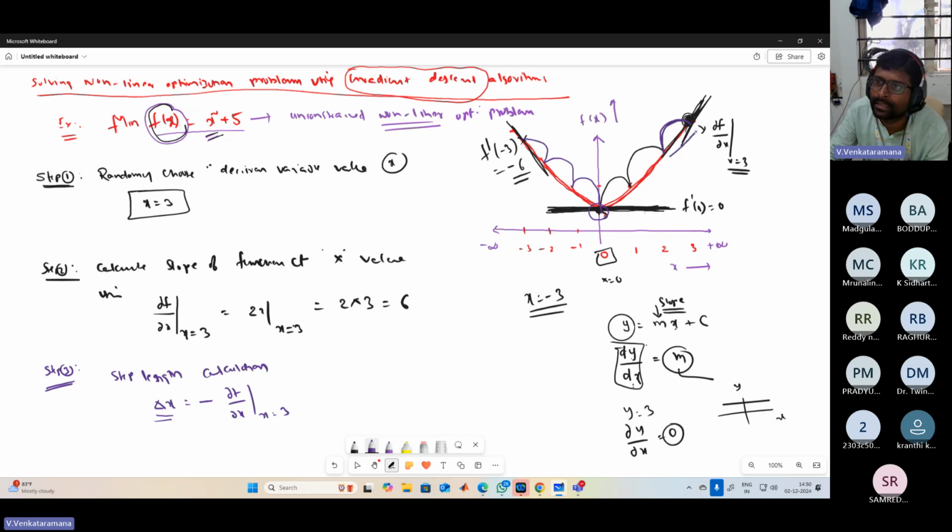Now, how much step length can I take, how much distance can I update this point from here to here? This is decided by a parameter called the learning rate, eta. The learning rate eta will decide how much step length we can include.